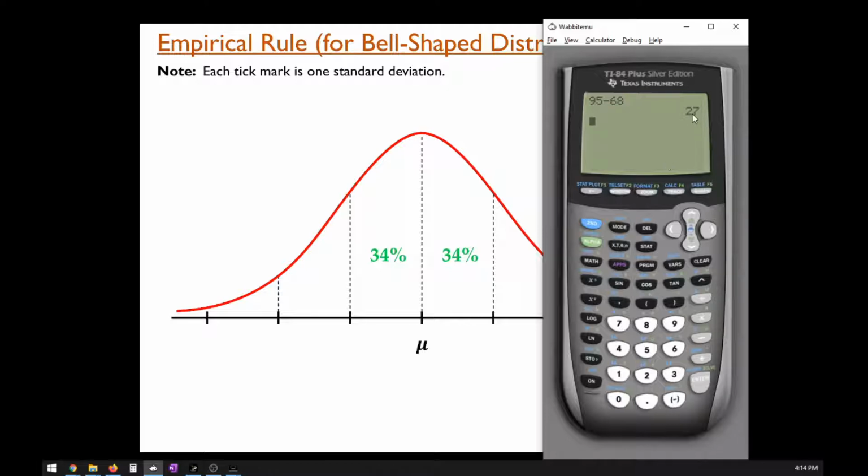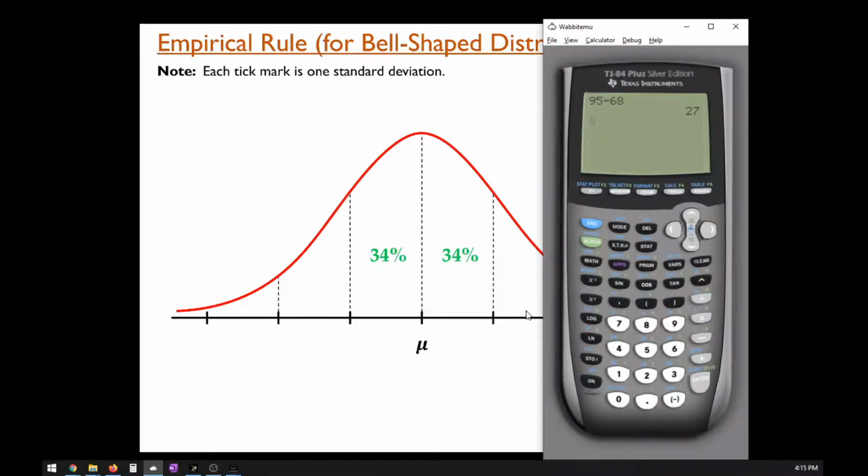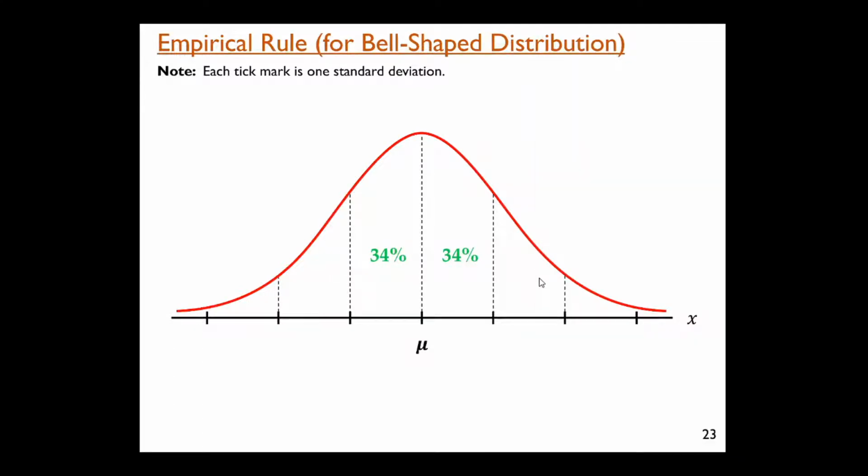This 27% is this chunk plus this chunk, right? Because it's been split into equal halves, we just take that 27 and split it into two. That tells us that each of these sections is 13.5.